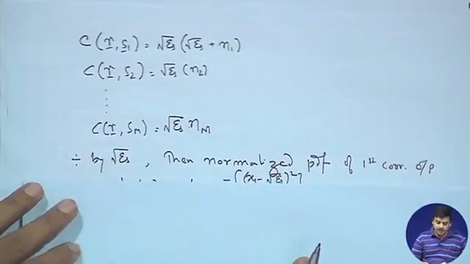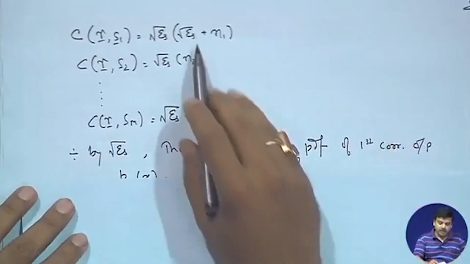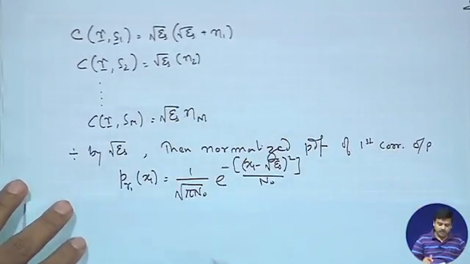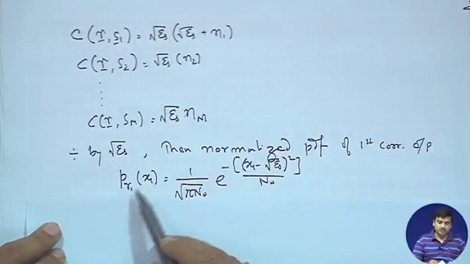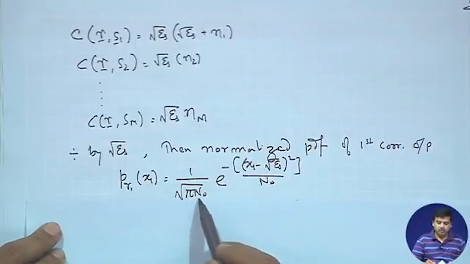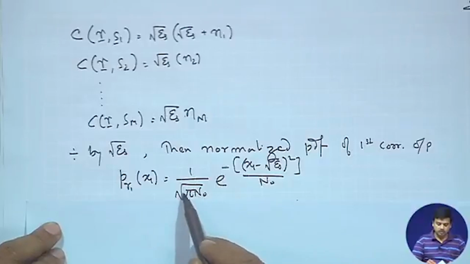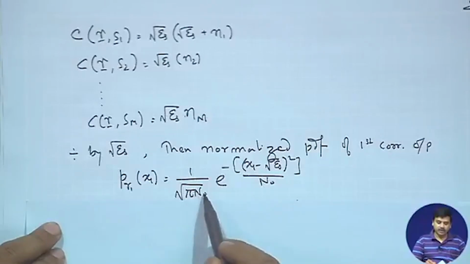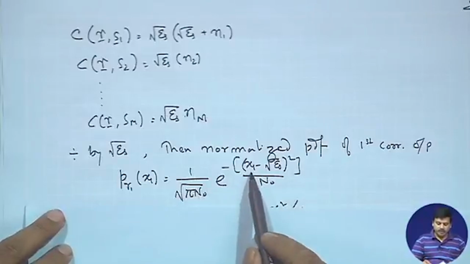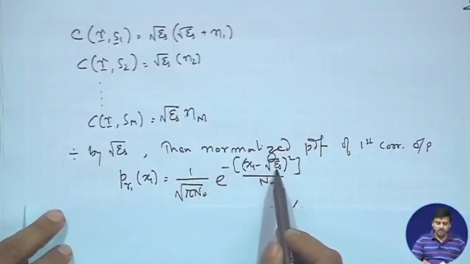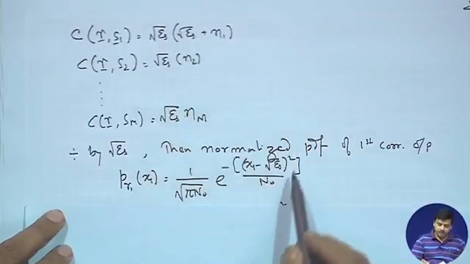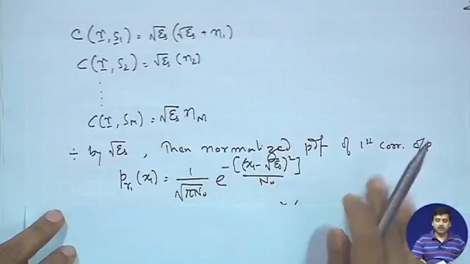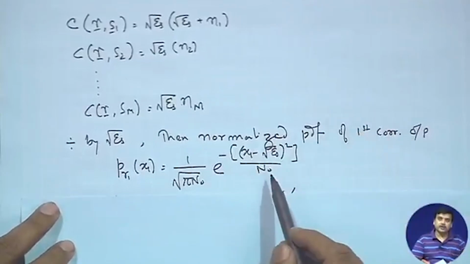Then the normalized PDF of the first correlator output, that is what you have over here, is given by PR1, that means the component on the first one, let x be that variable, 1 by root pi N0, because sigma squared n is N0 by 2, there was a 2 pi sigma squared n, the 2 and 2 cancel, and e to the power of minus (x1 minus root Es) squared, because this is the mean of the signal, and this is the Gaussian distribution with variance of N0 by 2.